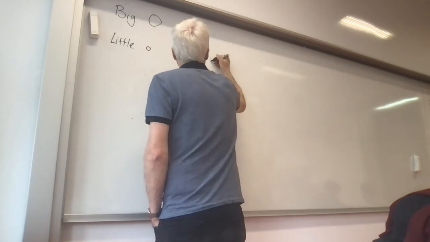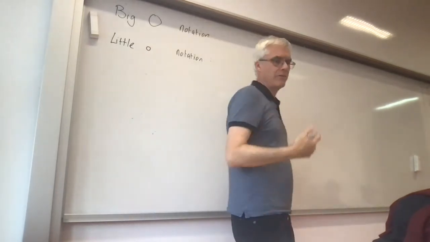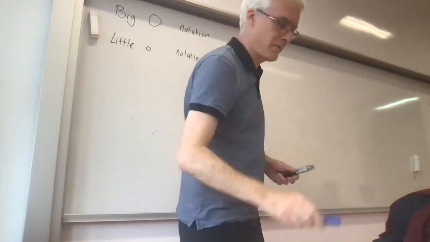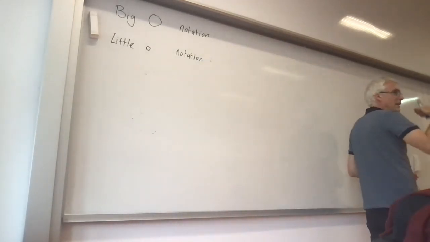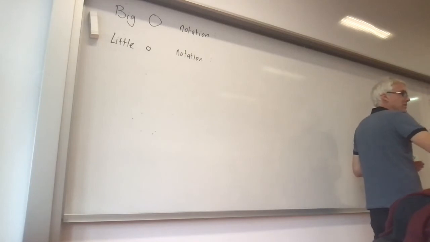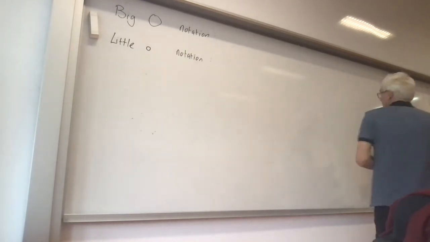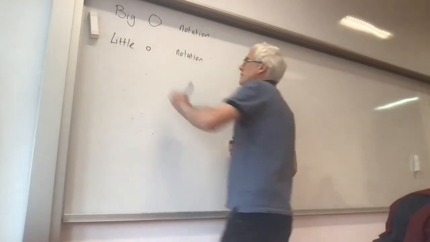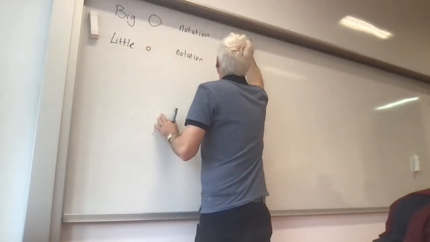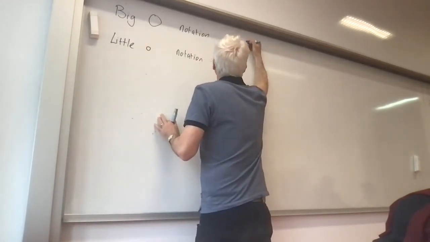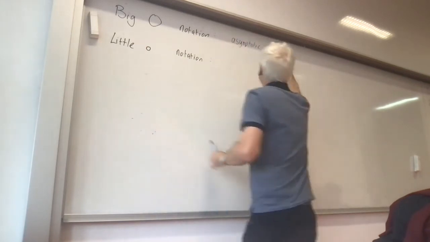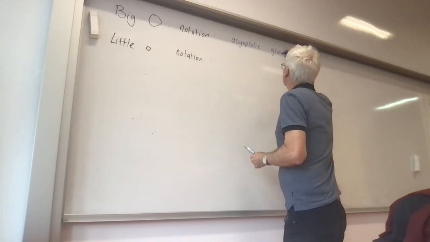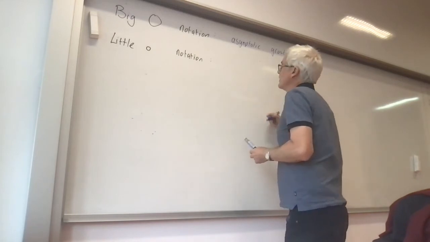Rather than looking at the precise values of functions, like the precise amount of time a computation is taking, we're going to look at the rate of growth of the function. And to do that, we use this notion of asymptotic growth.